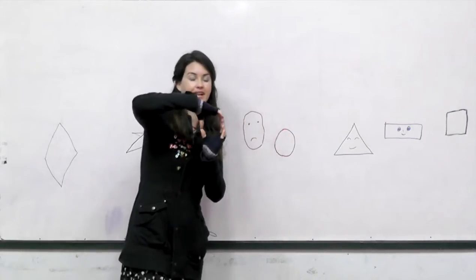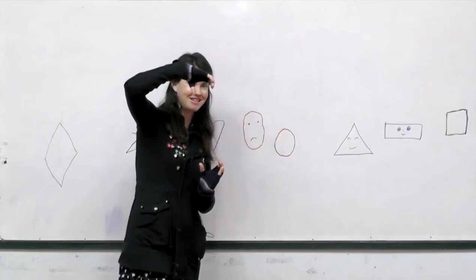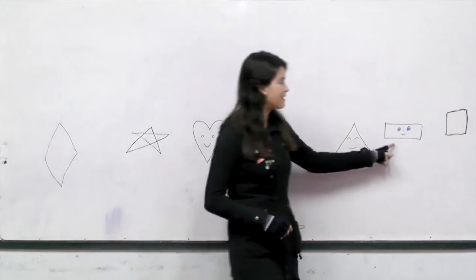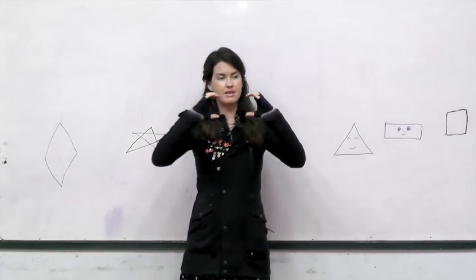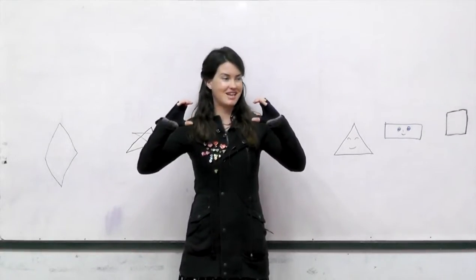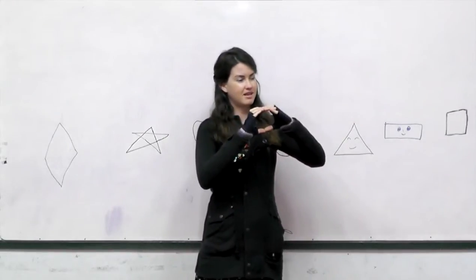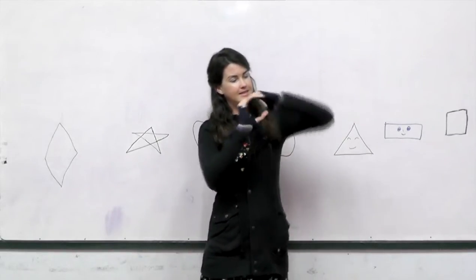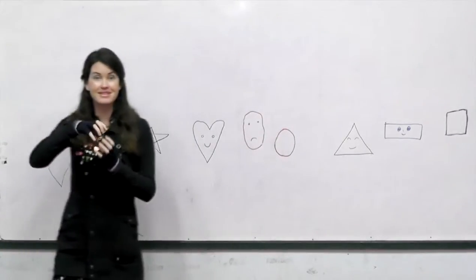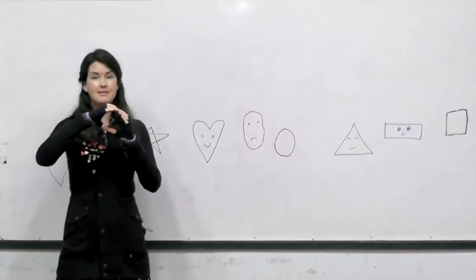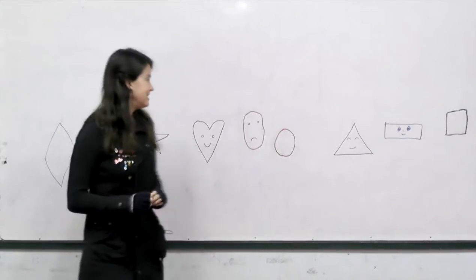So that rectangle kind of looks like a square, just a little bit longer and stretched out. Sometimes the diamonds are long, sometimes they look just like a square tilted on its side.